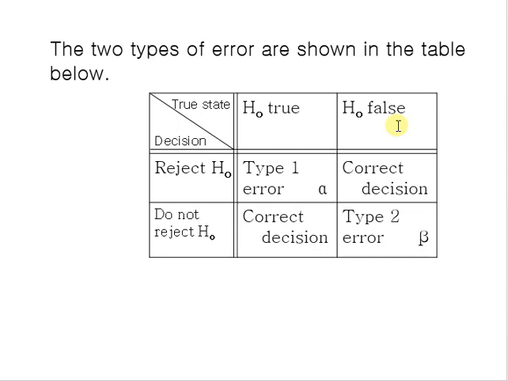It is a correct decision. If we do not reject H null and the reality is that H null is true, it is also a correct decision. Sometimes we do not reject H null and the reality is that H null is false. This is the type 2 error, and the probability is beta.